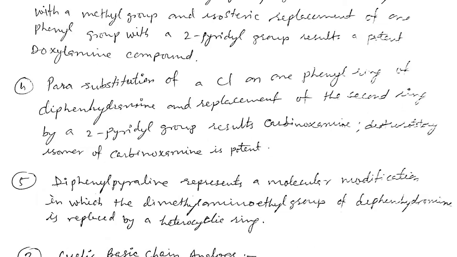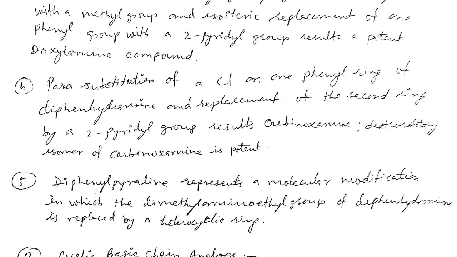I have told you it is a special type of class of drug, in which the ethyleneamine group of diphenhydramine is converted into a heterocyclic ring. So the nitrogen is modified into the heterocyclic ring, and it enhances the activity. So diphenhydramine, an alkylamino ether derivative, is the prototype drug of the class.